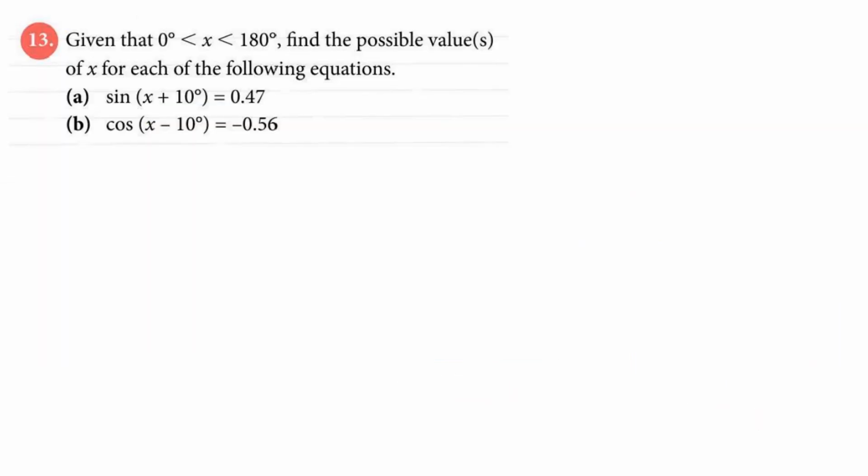All right, let's look at another possible kind of question. It is actually not difficult at all. The question is confusing in the sense that, so far what I've been dealing with is given sine A equals something or cosine A equals something, right?